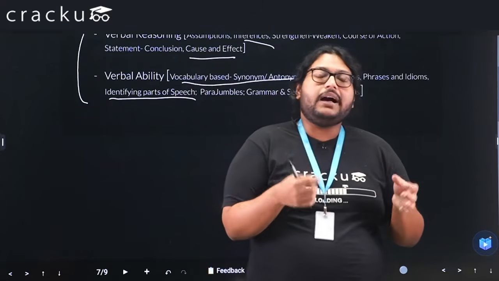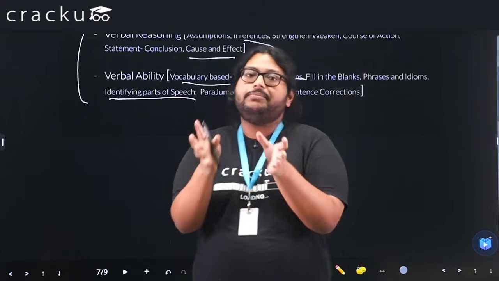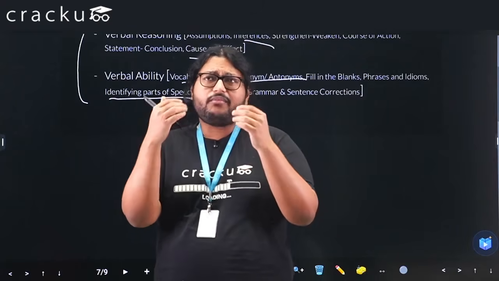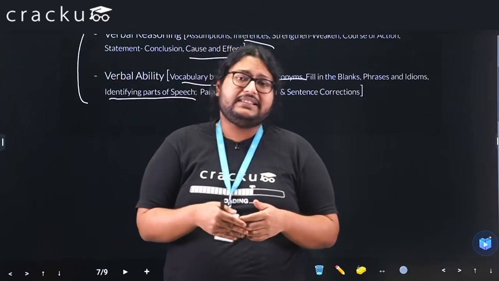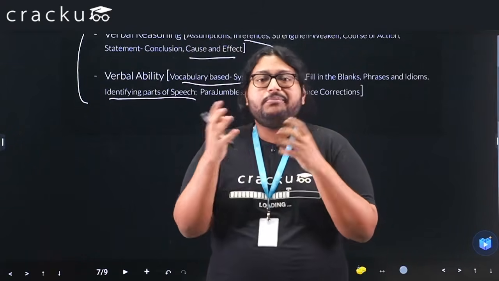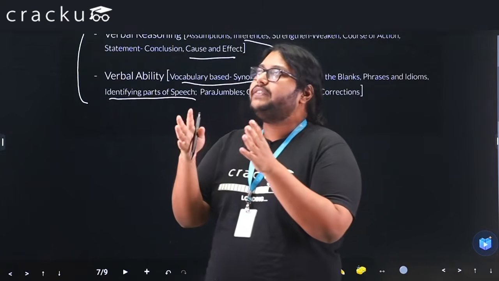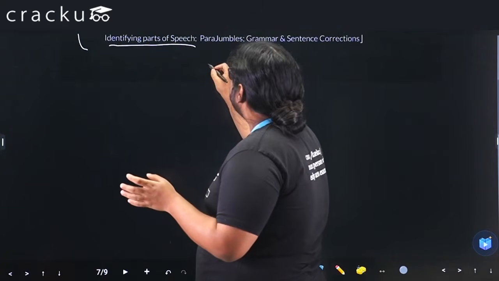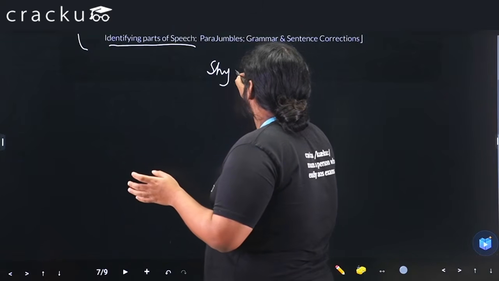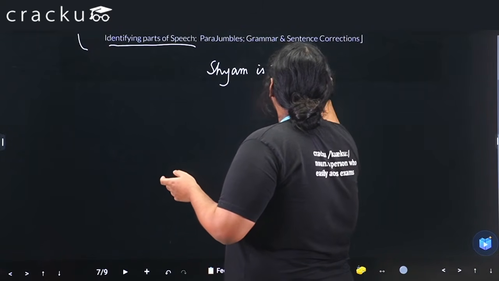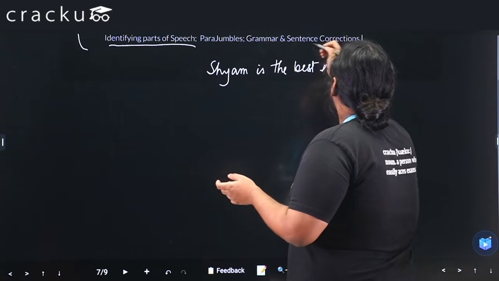Now these can come in a different pattern as well. They use the same word in multiple sentences, and then they can ask you to match in which sentence it works as which part of speech. Say I have something like "Sham is the best student."